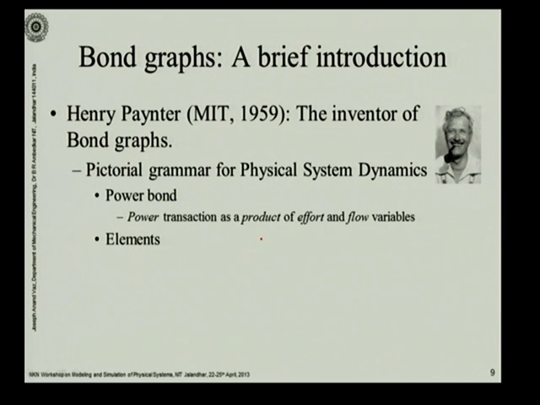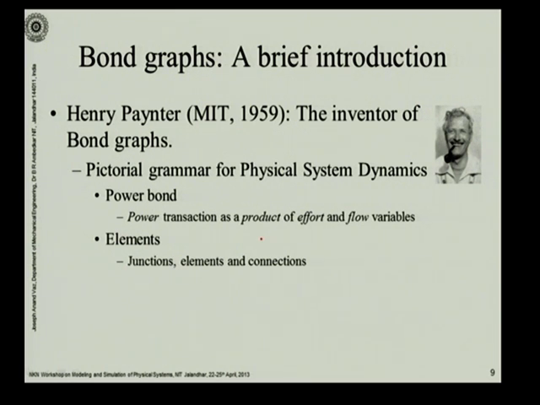The next point which Professor Henry Painter contributed was the basic elements of this pictorial grammar. And we have just 9 elements in bond graph. And with the help of these 9 elements and the power bond, we can model physical systems in multi-energy domains. Okay. So here you have elements, and these elements are further divided into junctions.